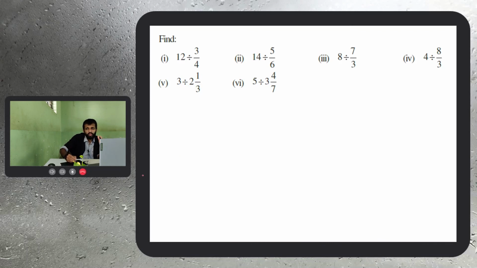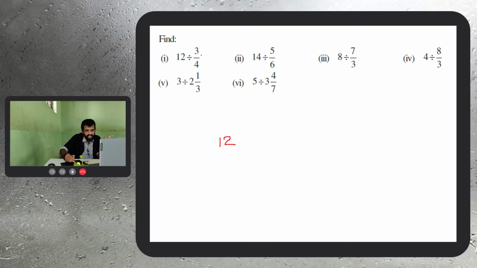Now, I know most of you have a little difficulty when you are dividing values, right? Dividing numbers itself. And now here it is fractions. So I have a simple technique for how you have to solve this. First, I will write 12, the first one, and then I'm going to convert this division into multiplication.